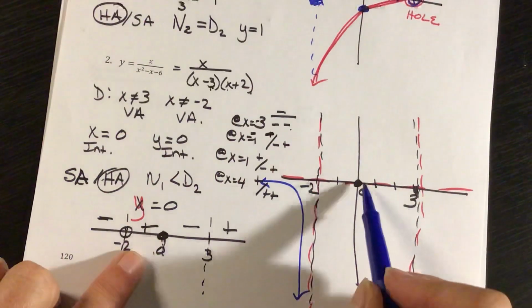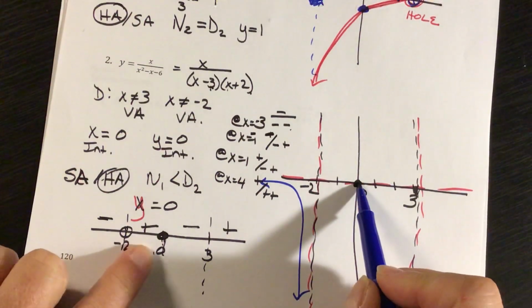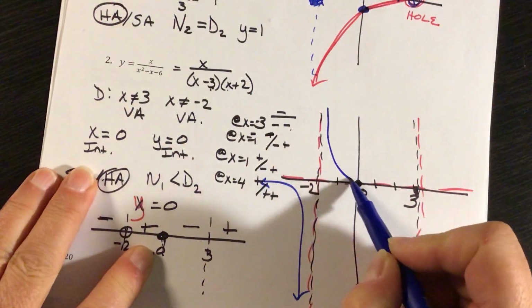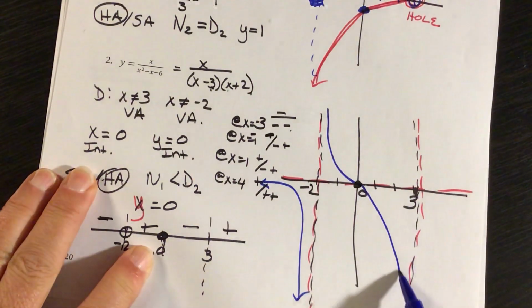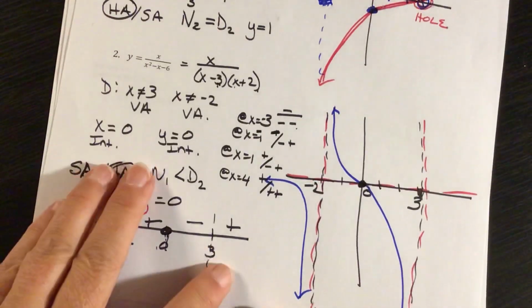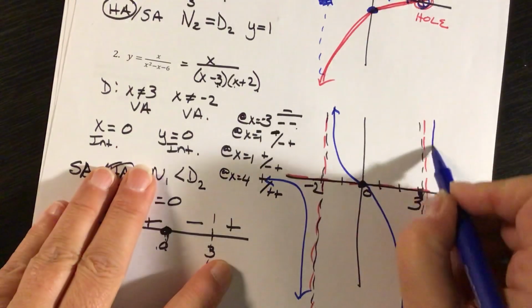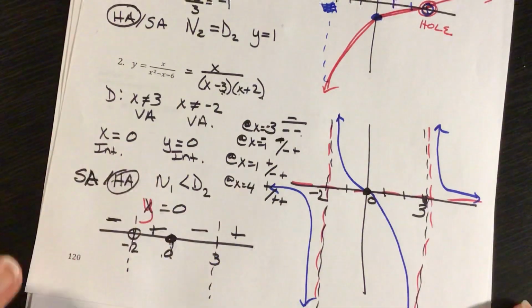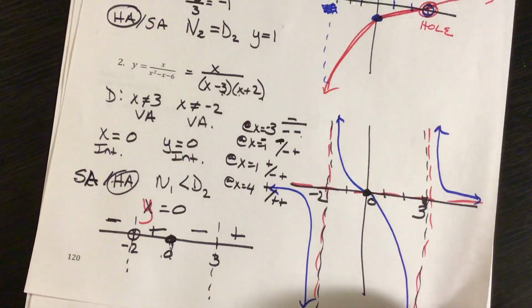To the left of my intercept, it's positive, and then once it hits the intercept, it's going to turn negative. So there's that middle piece, and then after 3, it is all positive. All right, so there's the graph for that one.